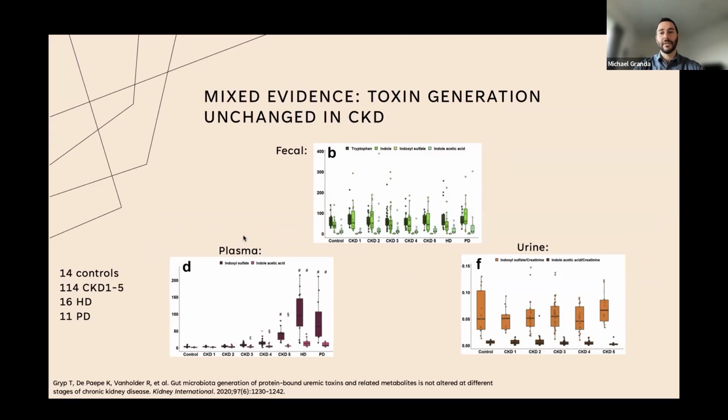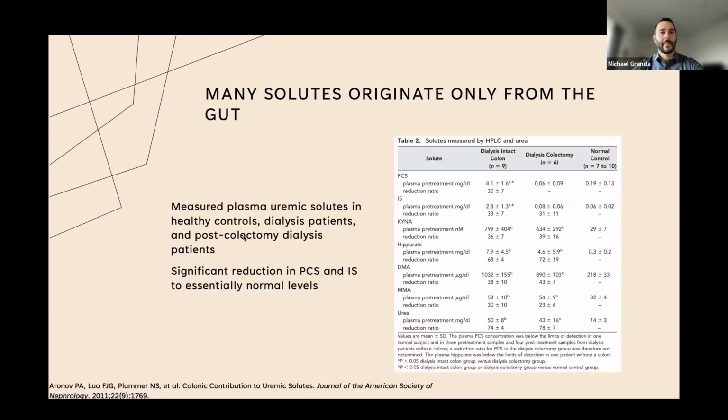However, interestingly, the urine concentration did not, in accordance with the reduced clearance, but neither did the fecal levels of amino acids or uremic toxins. And so they postulated that only really the reduced kidney clearance was responsible for the high circulating levels of these uremic toxins.